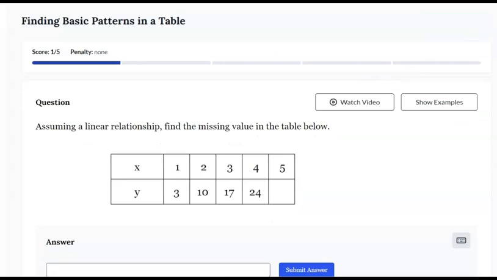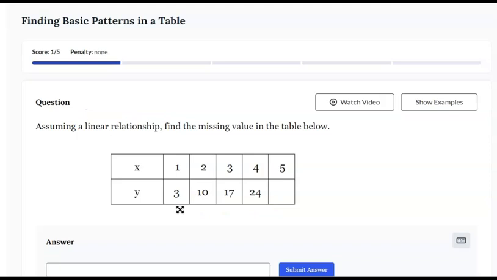Again, they tell us it's linear, so we know there has to either be an adding or subtracting pattern between these numbers. And you can choose any two numbers you want. So here, any two numbers, let me restate that, that are next to each other. So from 3 to 10, that would be plus 7.